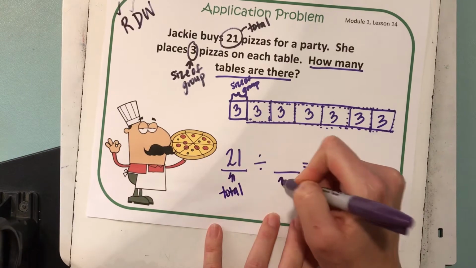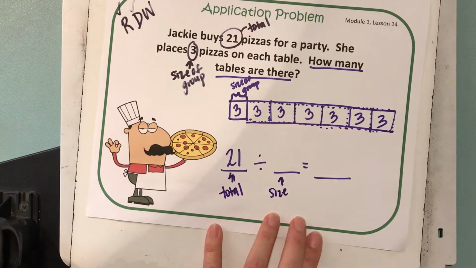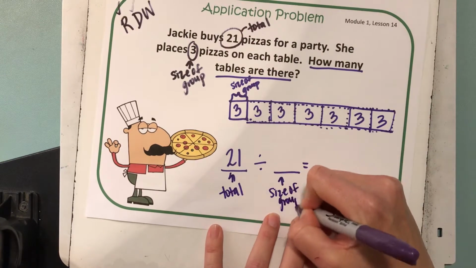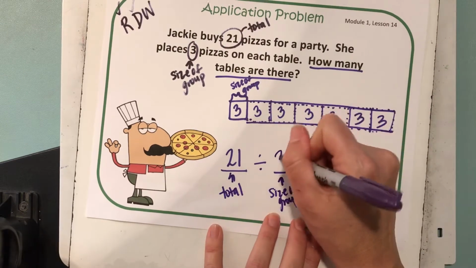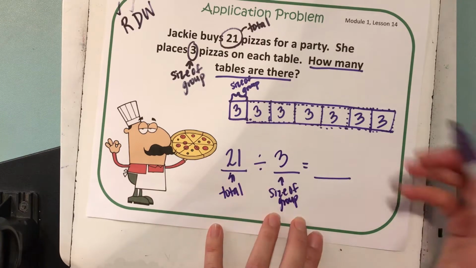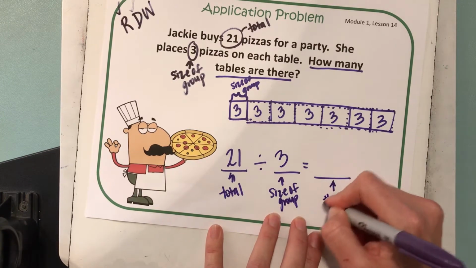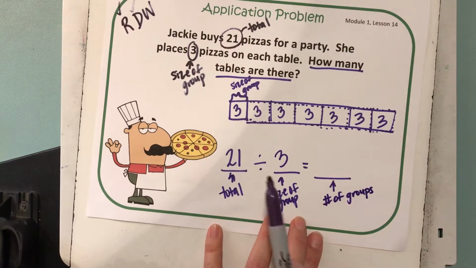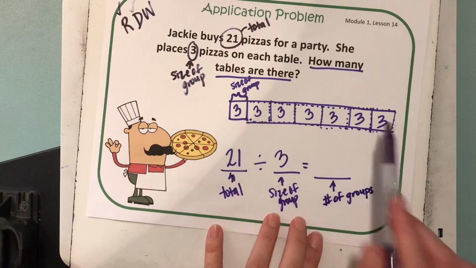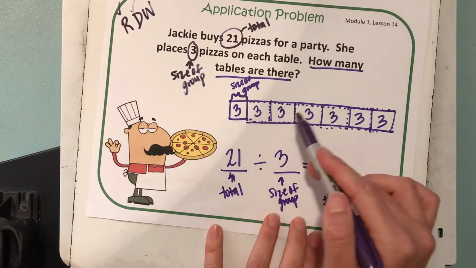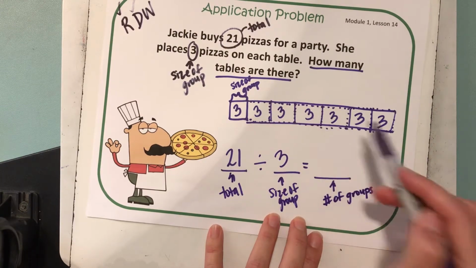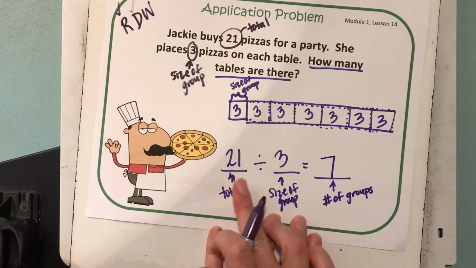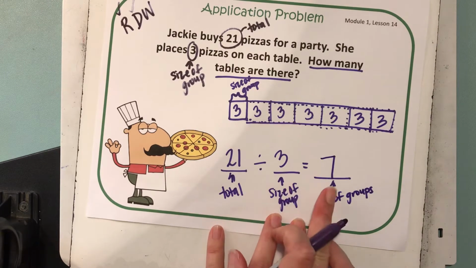I know the size of my groups, or how many pizzas are on each table. And that is 3. So 21 divided by 3. I'm trying to figure out the number of groups, right? Okay. So I'm going to count how many groups I have. 1, 2, 3, 4, 5, 6, 7. So 21 divided by 3 equals 7.